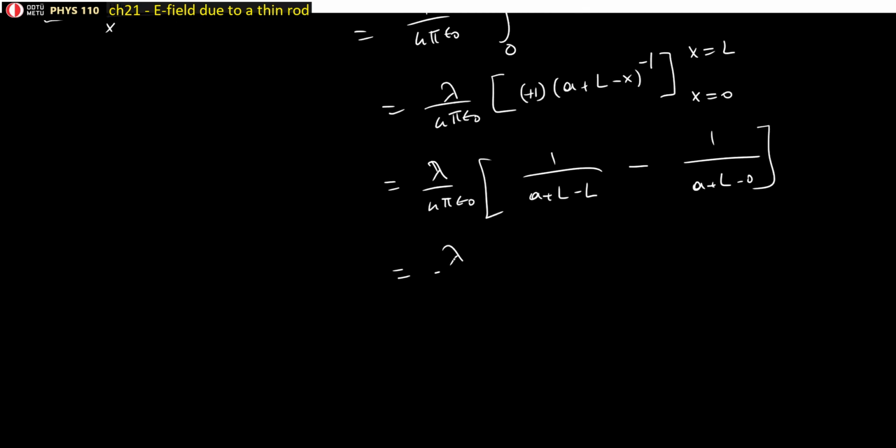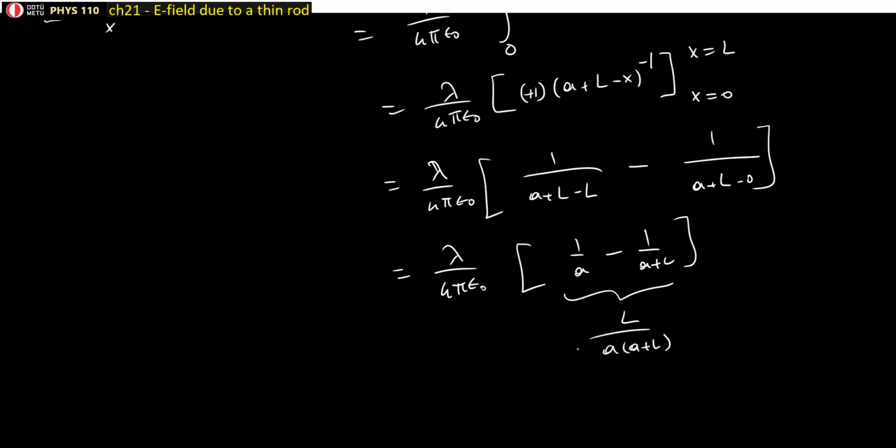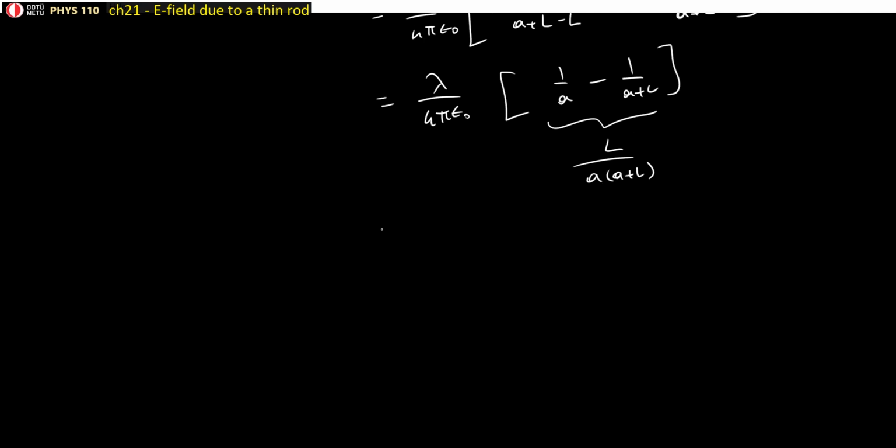So as a result, this is lambda over 4 pi epsilon 0 times 1 over a minus 1 over a plus L. You can easily see that this is equal to L divided by a times a plus L. Therefore, the x component of the electric field is lambda over 4 pi epsilon 0 times L divided by a times a plus L.